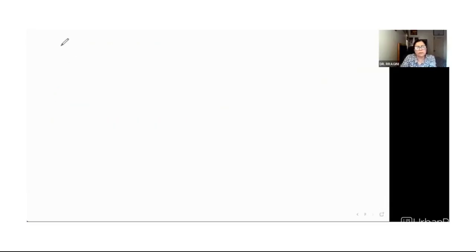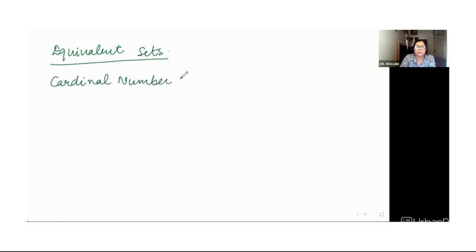Next we have equivalent sets. Now before defining equivalent sets, I would like to give one definition: cardinal number. Cardinal number is the number of elements in a set, right?